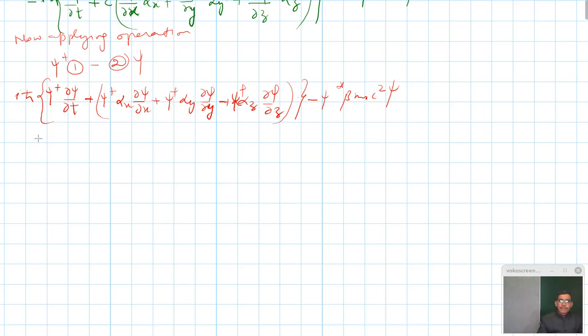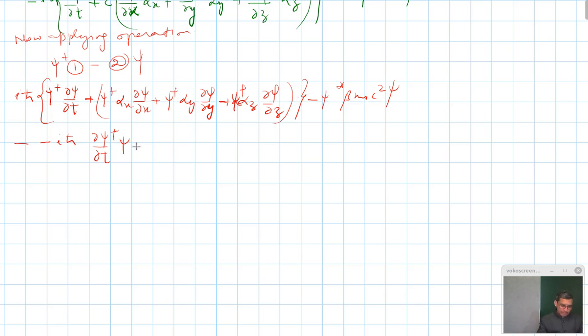Then minus, which will become plus, so minus iota h cross, curly psi dagger by curly t into psi, right?